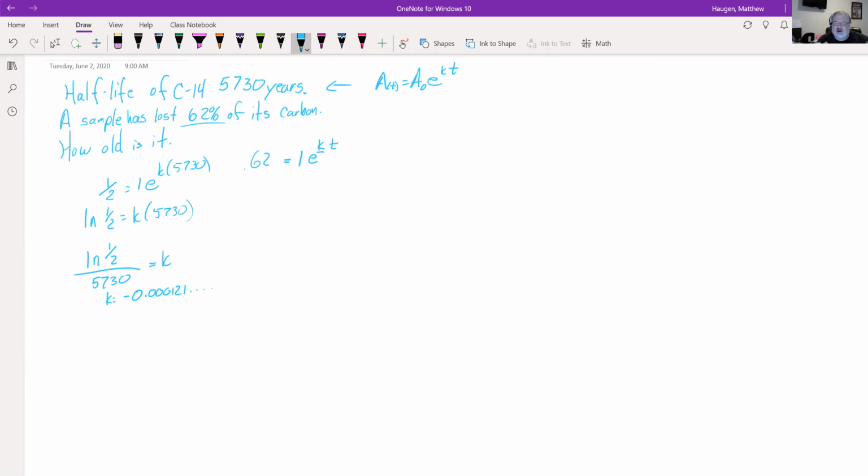All of our tools talk about how much we actually have, right? And we don't have 62% of our carbon, because it's lost that much. We lost 62% of our carbon. How much do we actually have? So it'd be 100 minus 62 then, right?